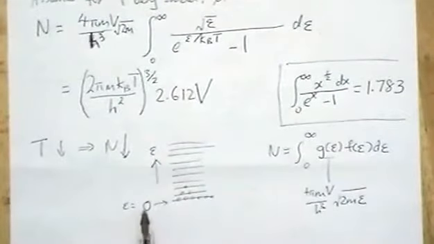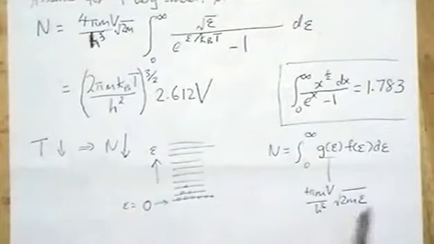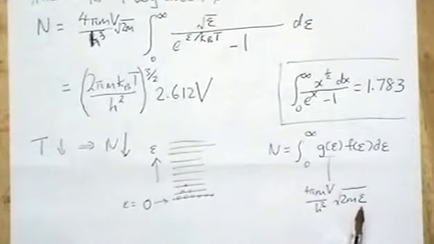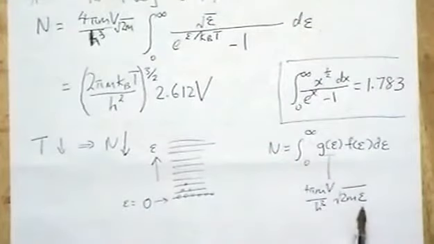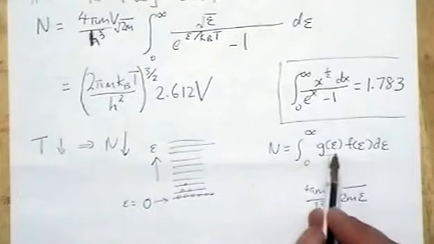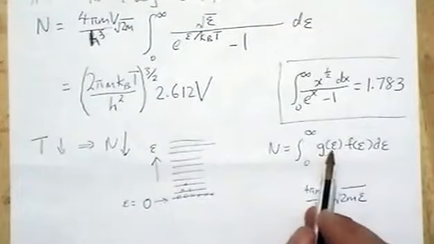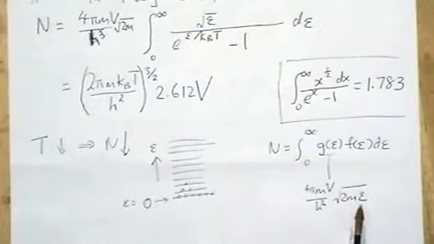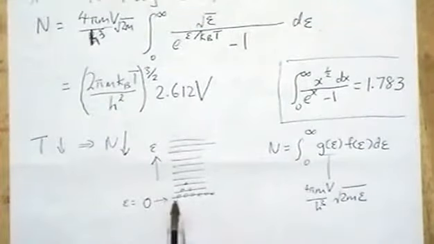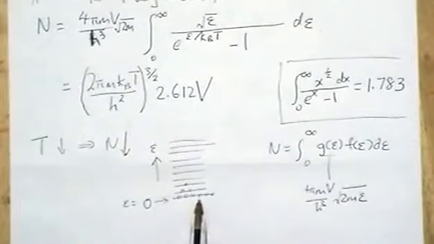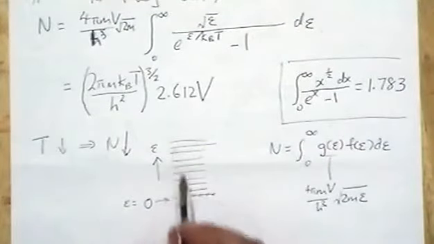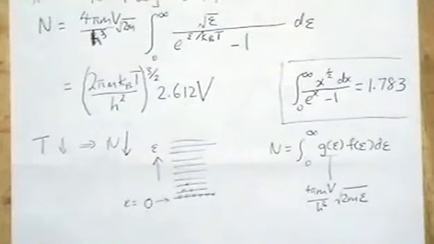Now notice that when E is equal to 0, the density of states is 0, because it's related to the square root of E. The fact that the density of states is 0 when E is 0 does not mean that there are no states at E equals 0. It just means that there are perhaps very few states there compared to high energies.